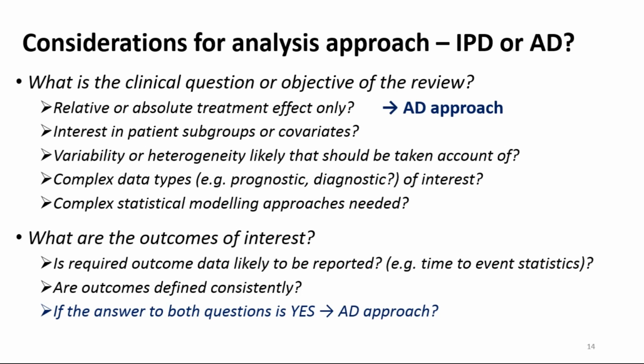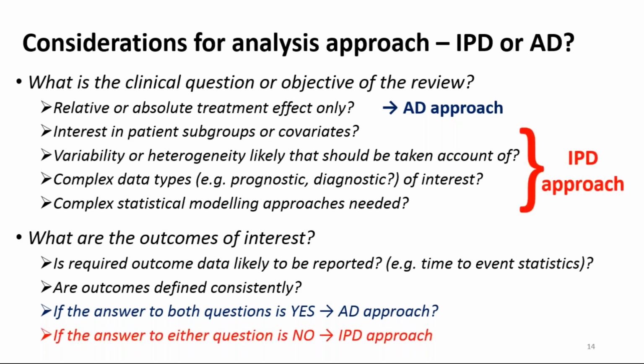And just to give a very general bit of guidance here, usually, when you're thinking about mathematical equivalence, only if you're looking at treatment effect would an aggregate data approach be equivalent to an IPD approach. And also thinking about the outcomes of interest, it's only if the outcomes data is reported and the outcomes are defined consistently that an aggregate data approach would be mathematically equivalent to an IPD approach.